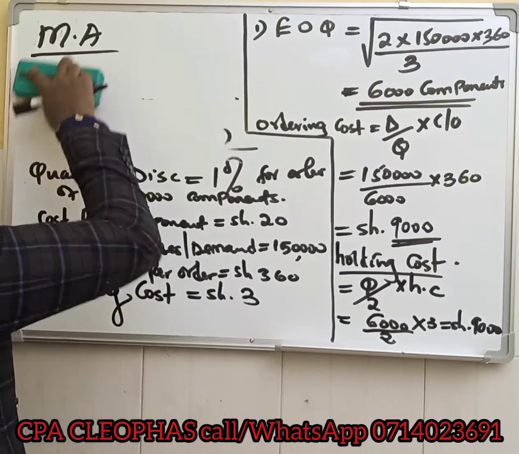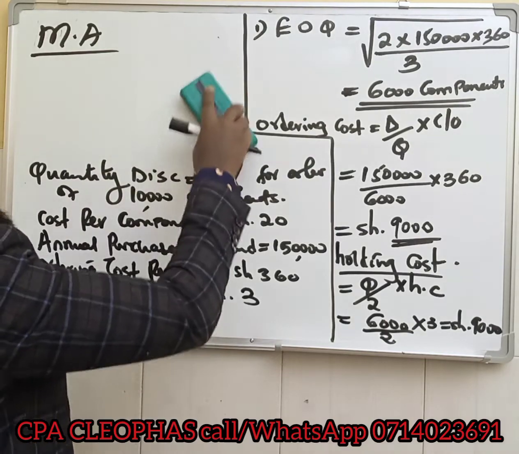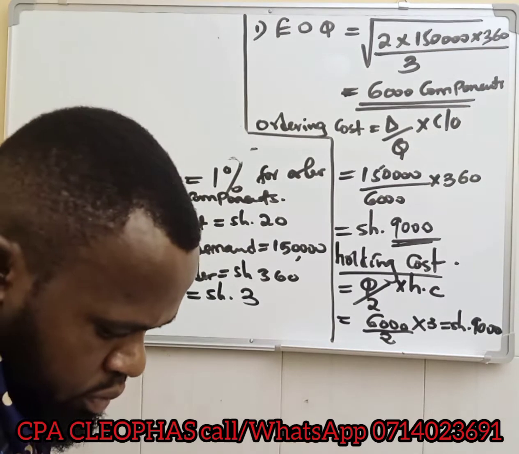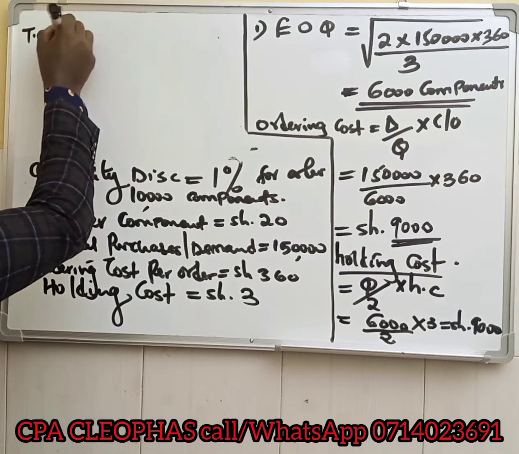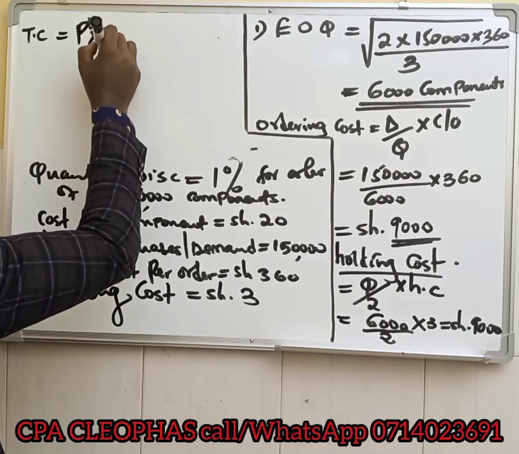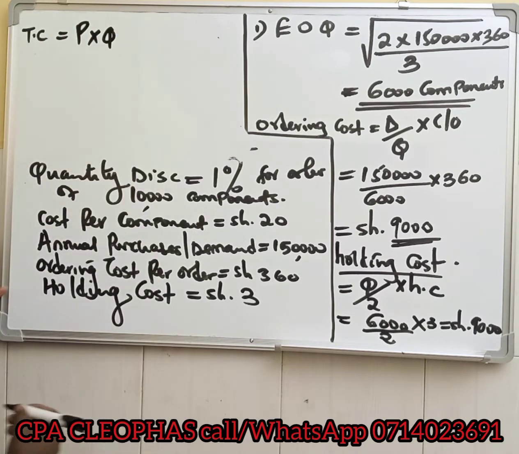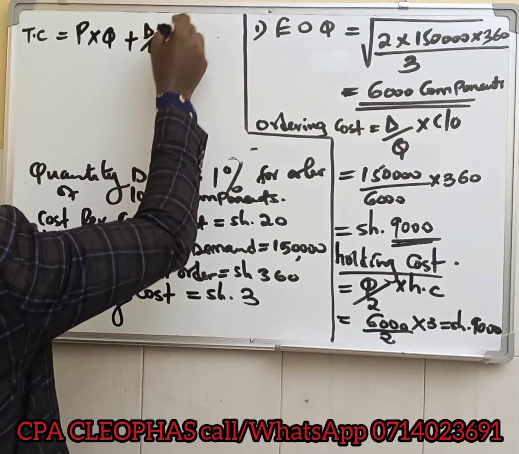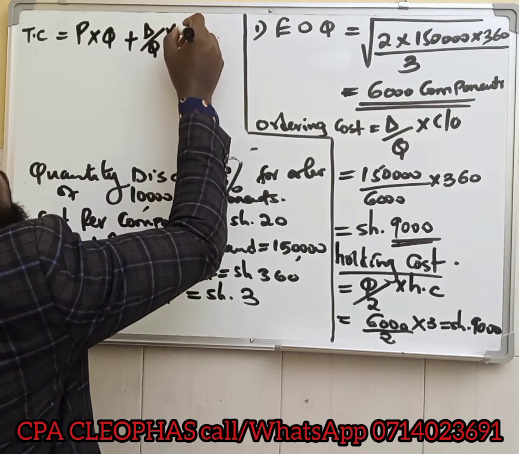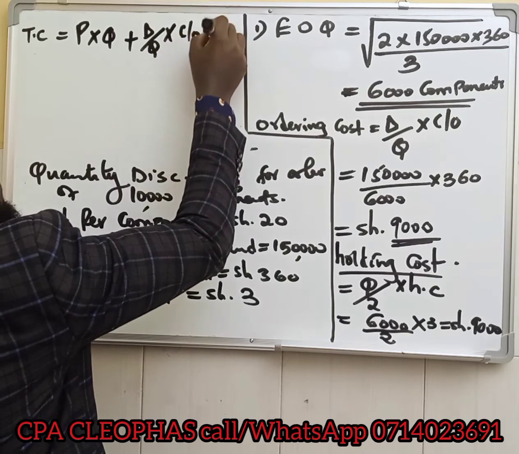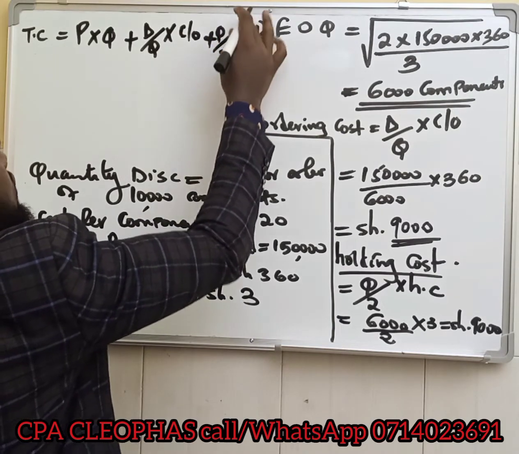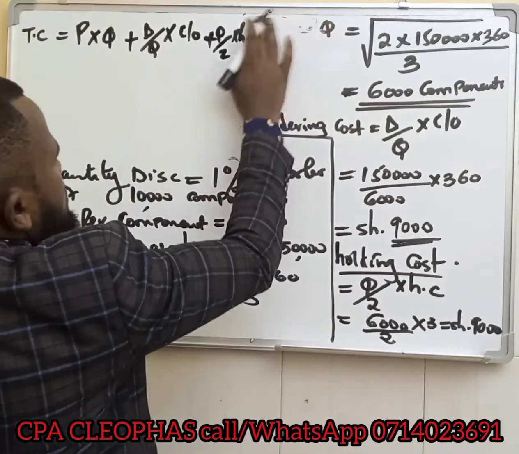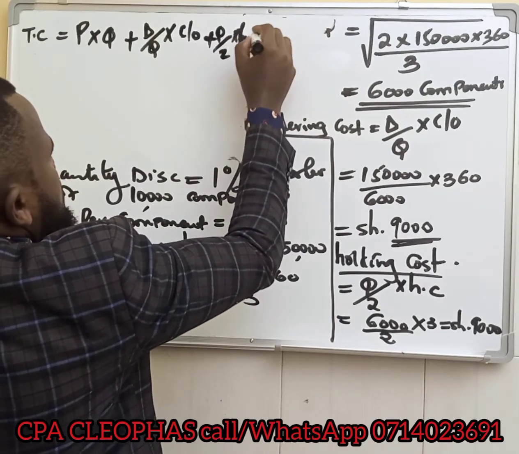So let me use this side of my board here. We have total costs, which is equal to the purchase cost, the selling price times the quantity purchased, plus the ordering cost, D over Q times CO, plus the holding cost, Q over 2 times HC.